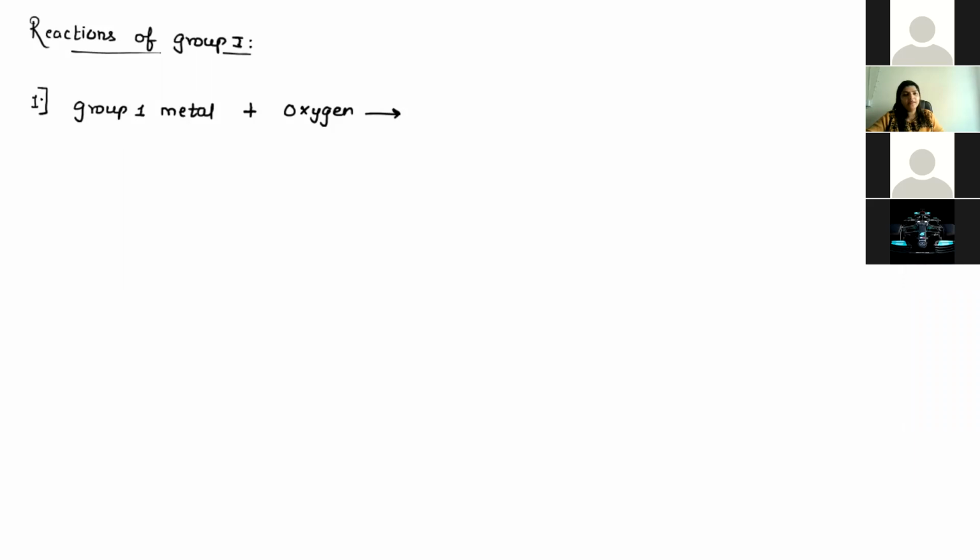Group 1 metal plus oxygen will give you metal oxide. So if you take sodium plus O2, it will give you Na2O. You have to be very sure that you are balancing the equations.